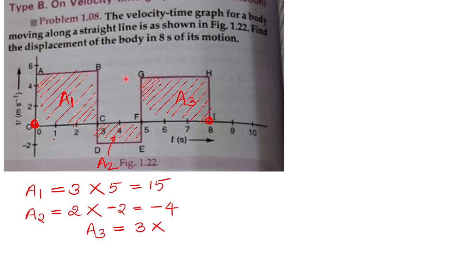I think that if we extend GH towards the left, it is 4 or 4.5. Anyway, I want the approximate value. Take it as 4.5. It's a problem with the figure.